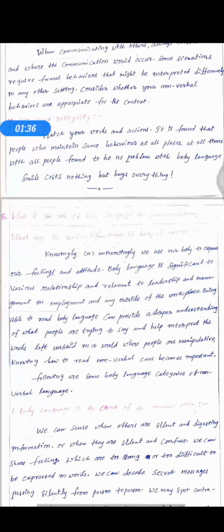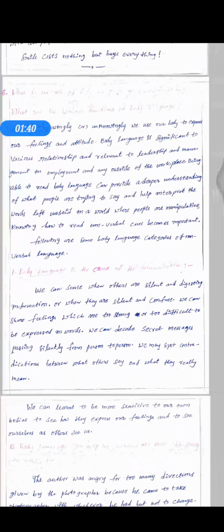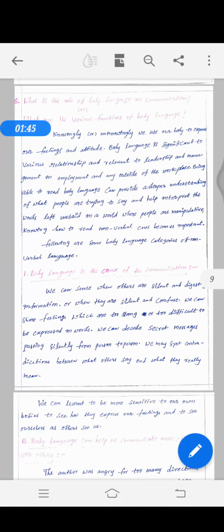And the next important thing, already discussed, is this question again: what is the role of body language in communication, or what are the various functions of body language? The first one, introduction.